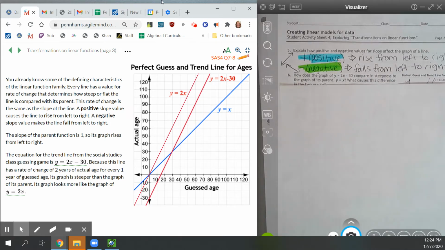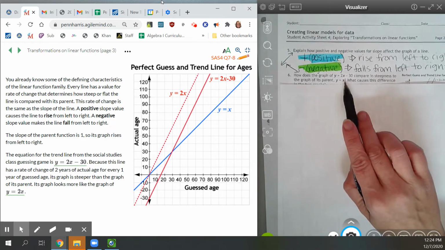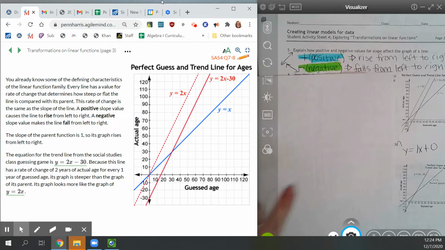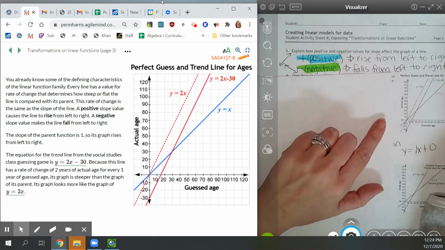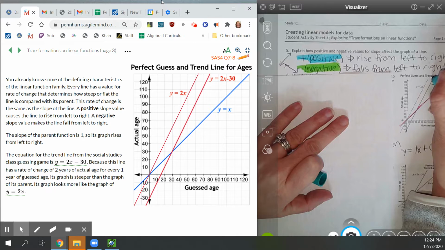So now they want to know, how does the graph y equals 2x minus 30 compare to the steepness of its parent graph, y equals x? Okay, and we can look at these over here. Here's our parent line, our parent function, and then here is the other equation.